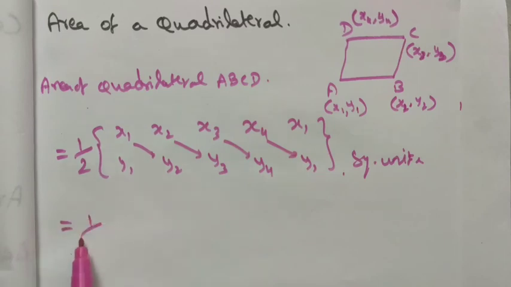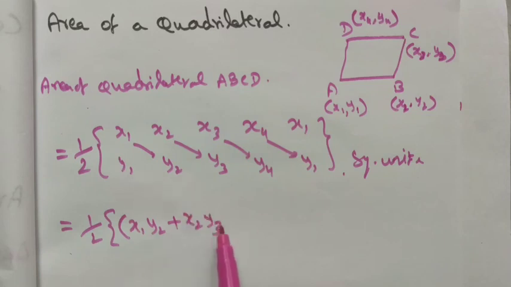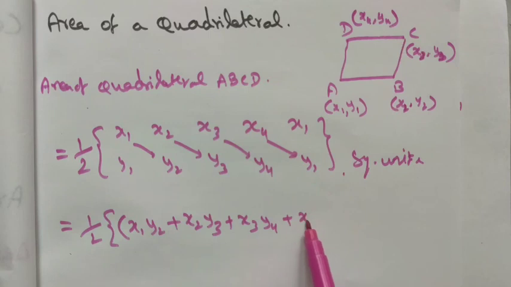So this term is equal to half into (x1 y2 plus x2 y3 plus x3 y4 plus x4 y1), right?